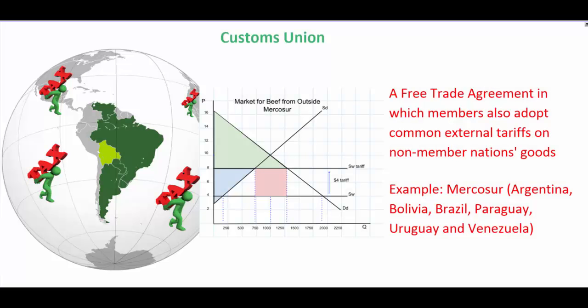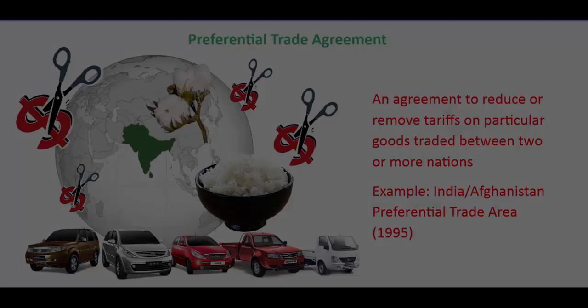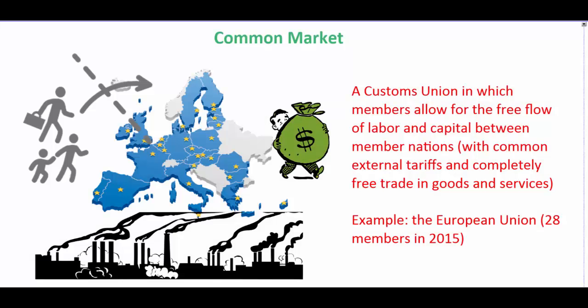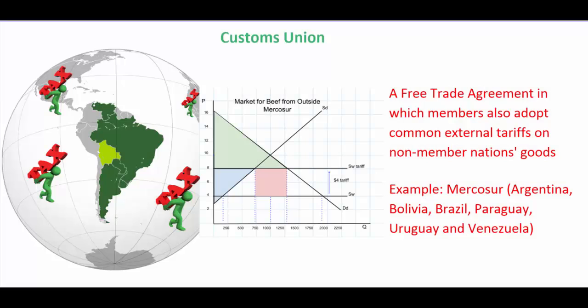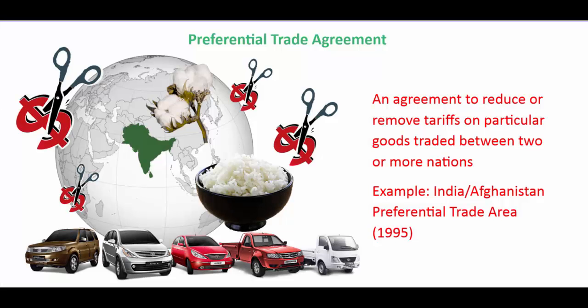In the third stage of integration, my trading partners gave to me agreed upon external tariffs, free trade in all goods and services, and access to certain products duty-free. In the fourth stage of integration, my trading partners gave to me free movement of labor and capital, agreed upon external tariffs, free trade in all goods and services, and access to certain products duty-free.